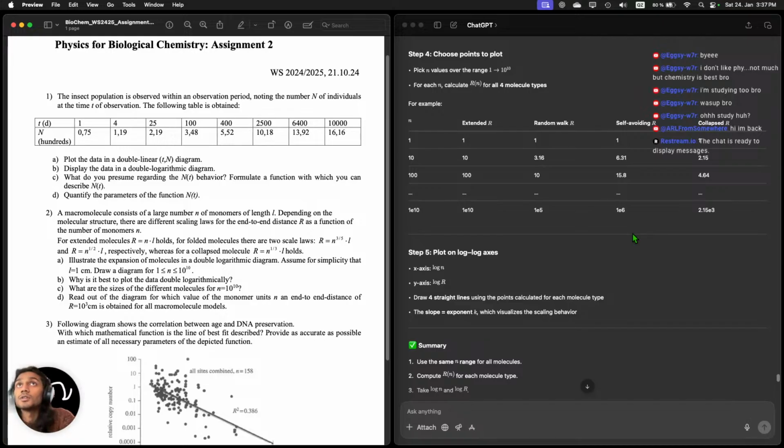And the last one, collapsed: n raised to 1 by 3.